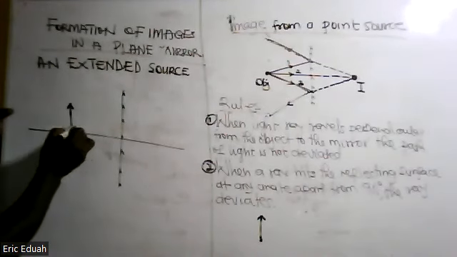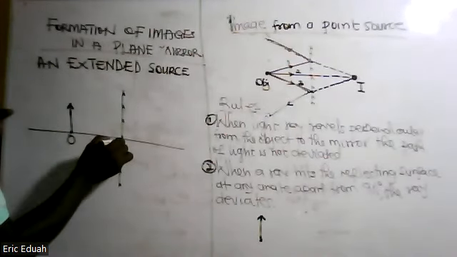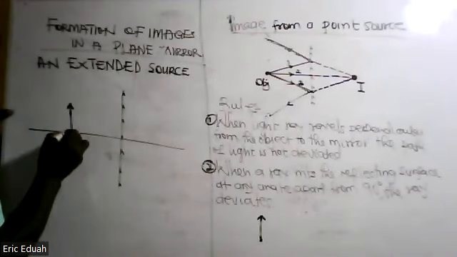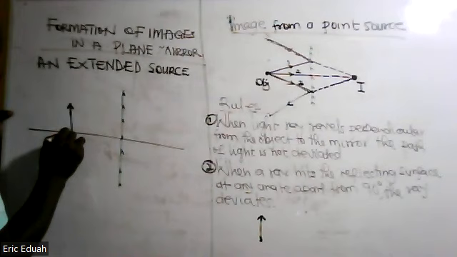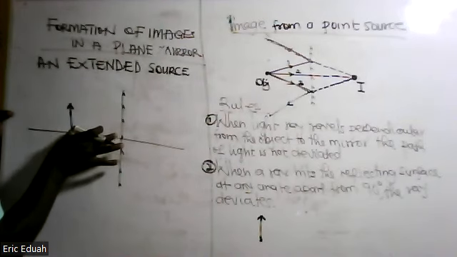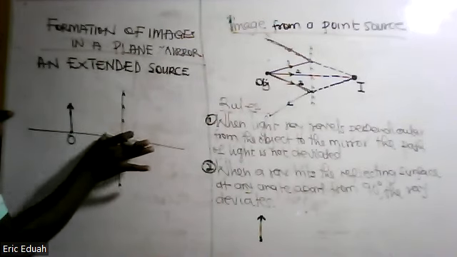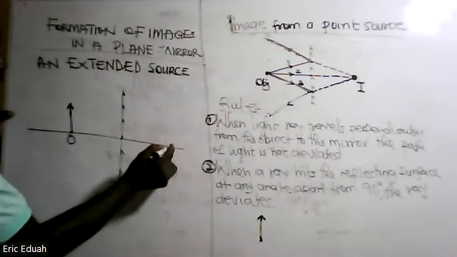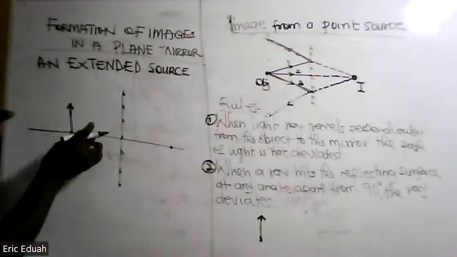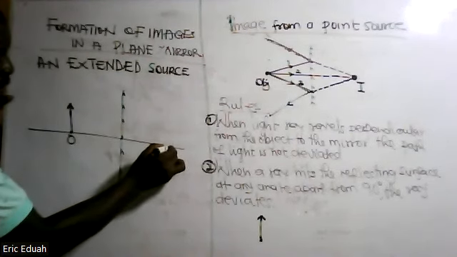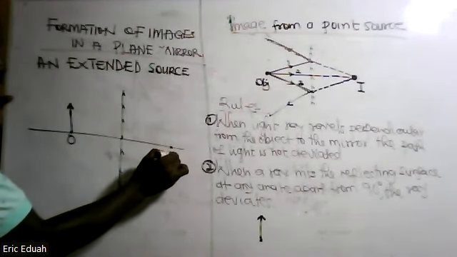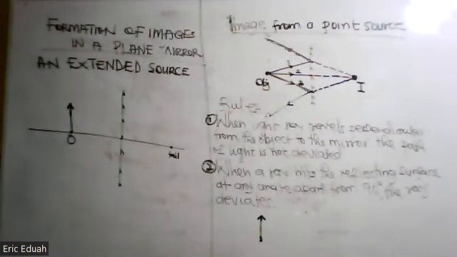Now, object distance is equal to image distance. So the distance from here to the object, F, is 5, the same measurement. So automatically, once you take the same measurement, you have the position for the tail of the image. Are we okay?